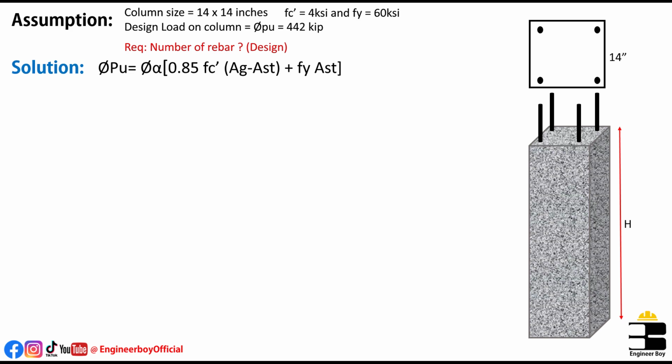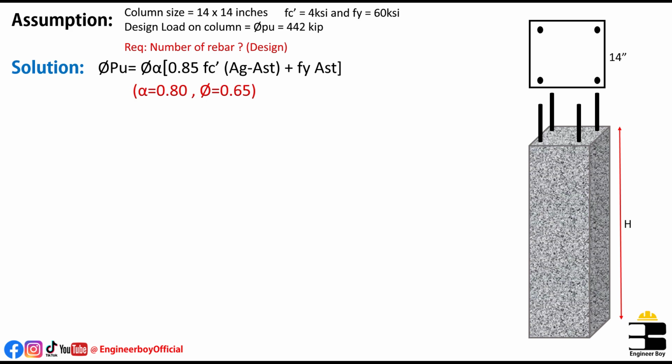As you can see, everything is given, and alpha is 0.8 and theta is 0.65. These are the design capacities, and these are for a square column. These can be different for a spiral column, okay?